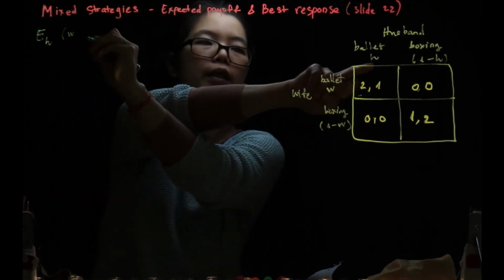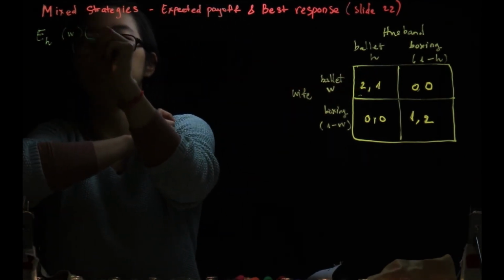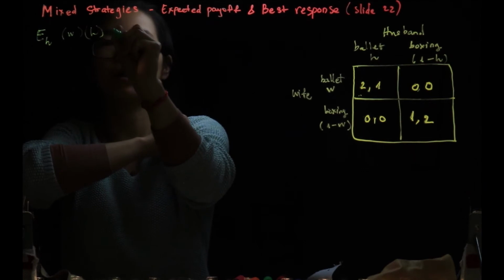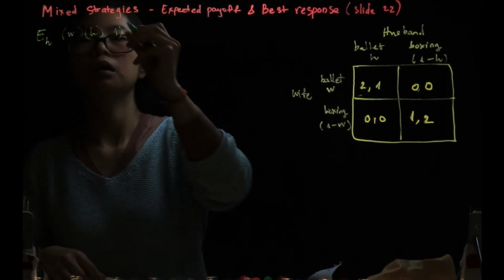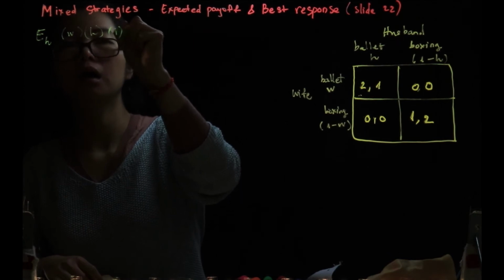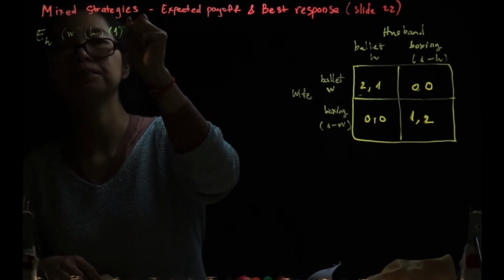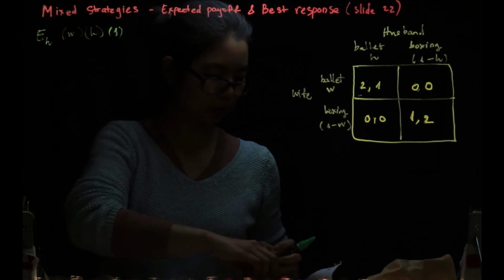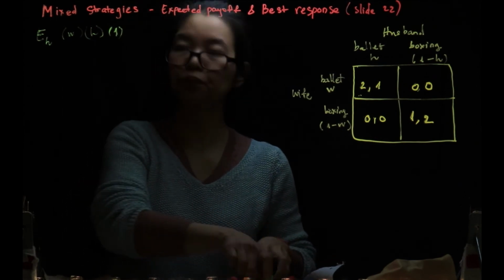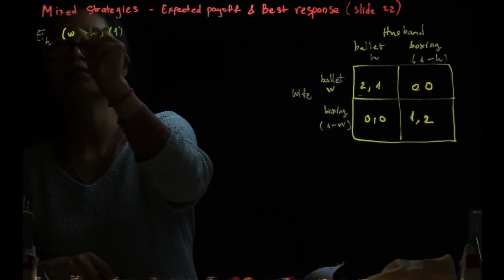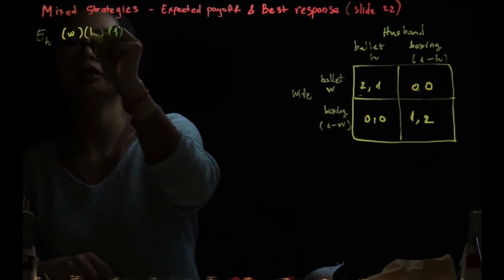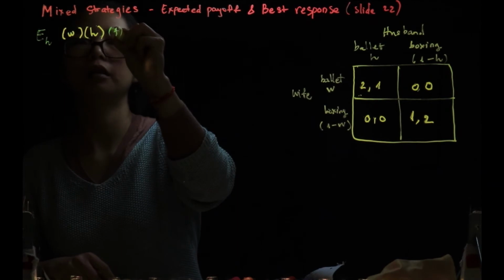The first one here: W times H times his payoff, which is 1. This marker doesn't work well. Okay. W times H times 1.